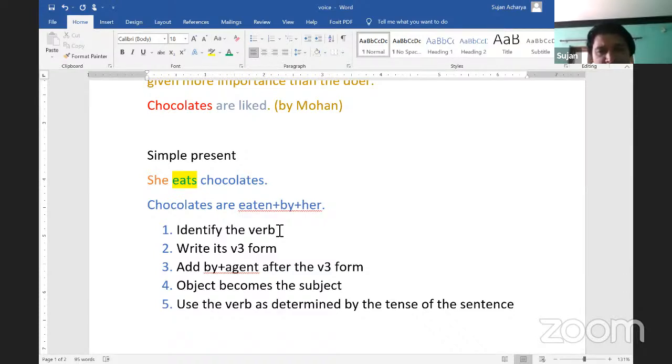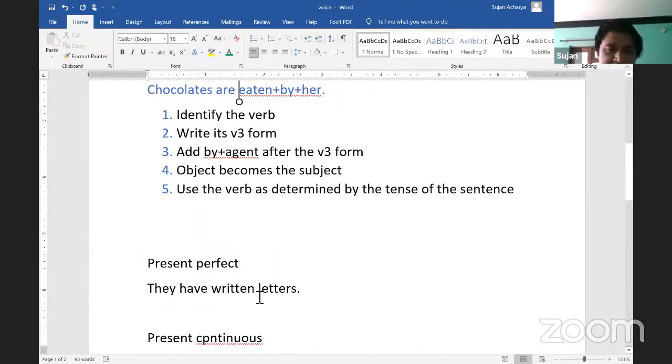Identify the verb, write its V3 form, add by plus agent after the verb, then bring the object, make the object the subject of your sentence, then use the verb accordingly as determined by the tense of the sentence in active voice. Again here, let's follow the same method.